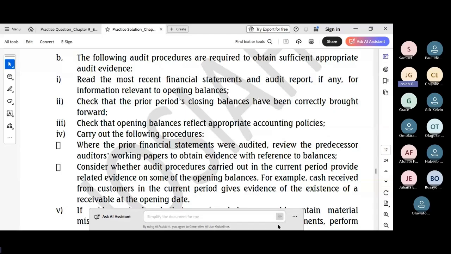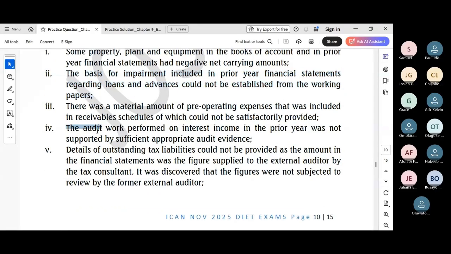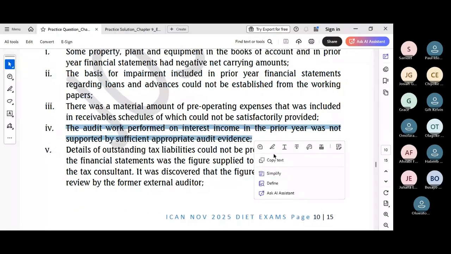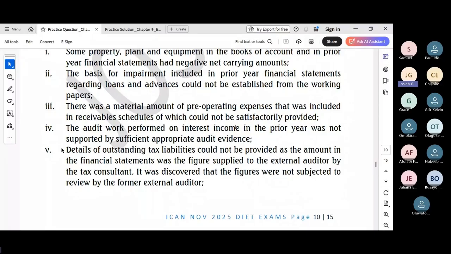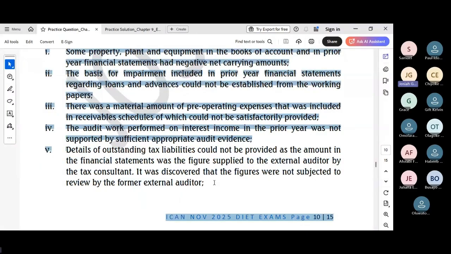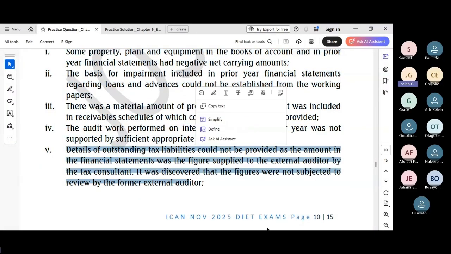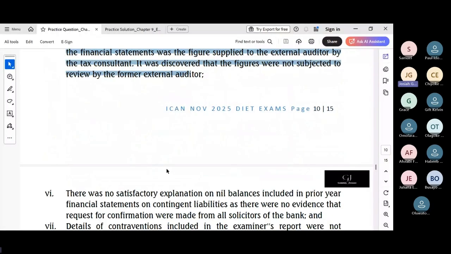Reperforming loan impairments, the second issue, or confirming tax liabilities. I think that's number 4. Yes. Tax liability, sorry, number 5. So you need to discuss around mentioning specific compensatory procedures required by the case facts, like reperforming loan impairments and confirming tax liabilities.